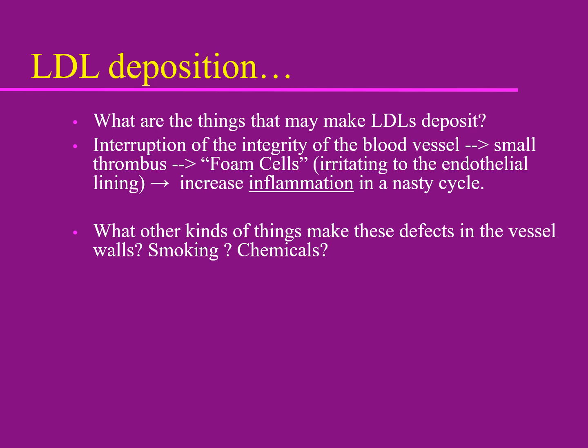So what are the kinds of things that make those bad cholesterol particles deposit? Well, one of the things is interruption of integrity of the blood vessels. One of the things that can do that, of course, is smoking. There may be other things that seem to do it.